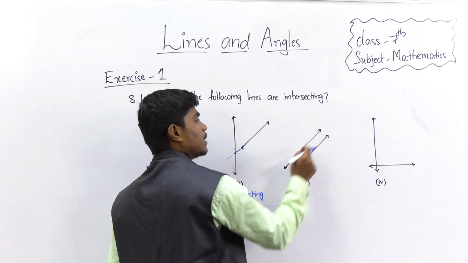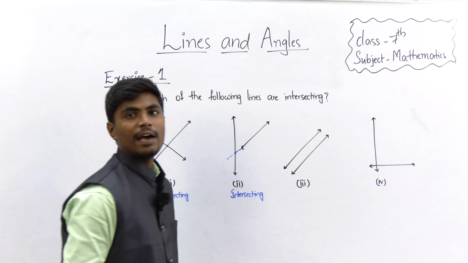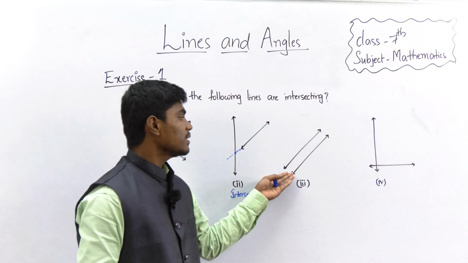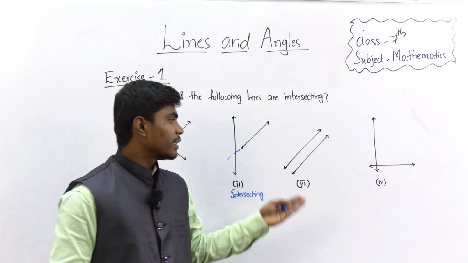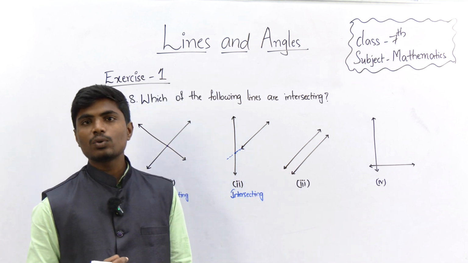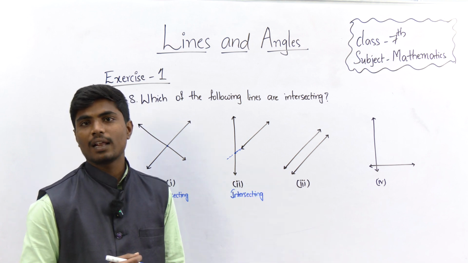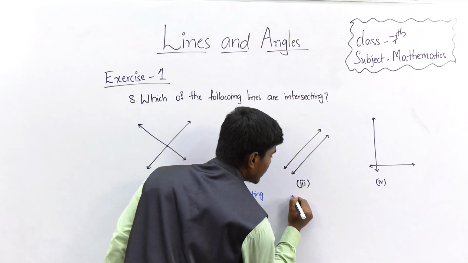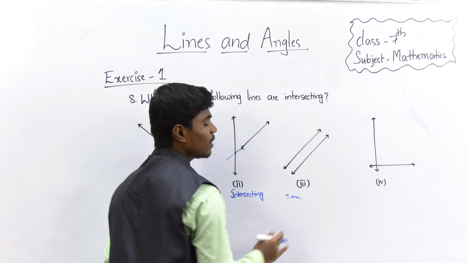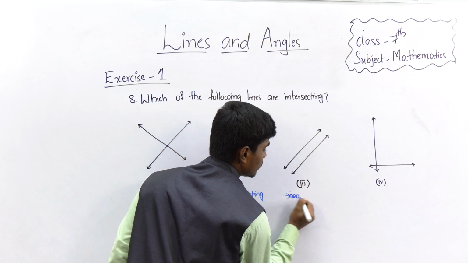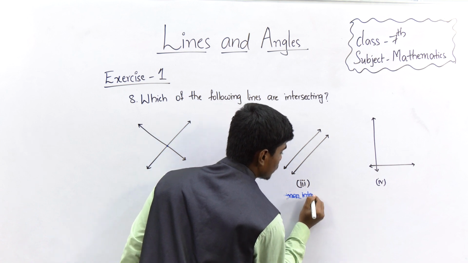In this, these two lines have no common point. As there is no common point, they do not intersect each other. So these are parallel lines. Do not intersect means we can say non-intersecting lines.